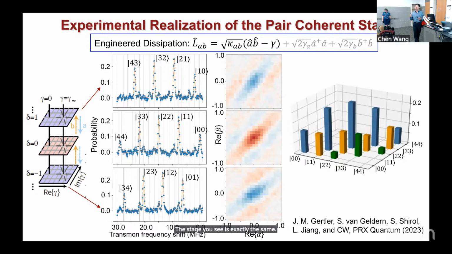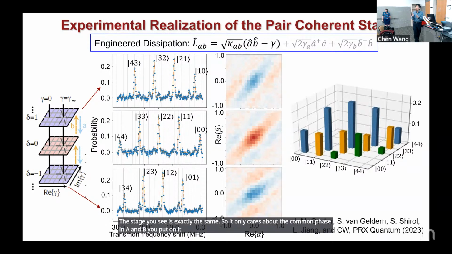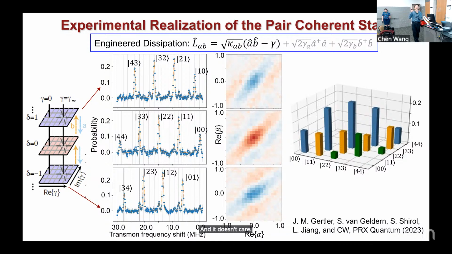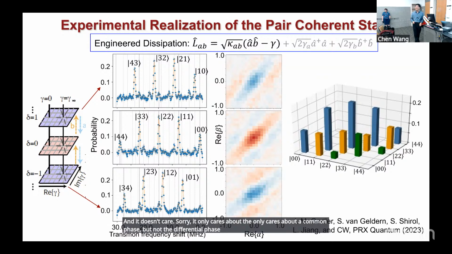So it only cares about the common phase in A and B that you put on it for the displacement operator and the Wigner analysis. It only cares about the common phase, but not the differential phase between the two cavities when you analyze the quantum state.